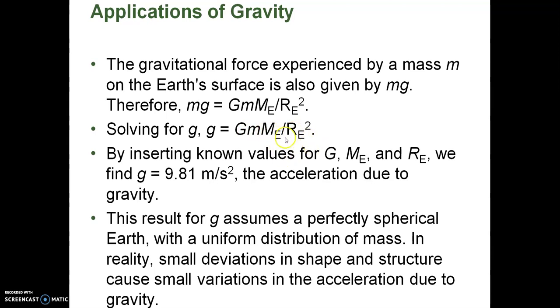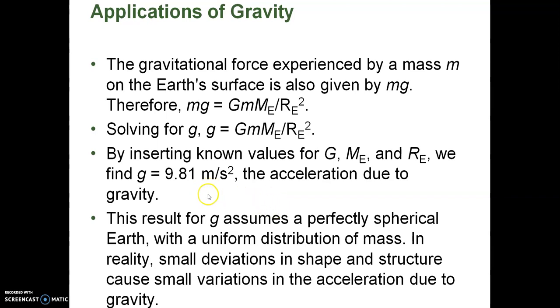If you look up the mass of the Earth and the radius of the Earth, plug them in, you can actually solve for gravity on the surface of the planet. And when you do so, you get the 9.81 meters per second squared that we've been using all along. So, yay, Newton's law works.